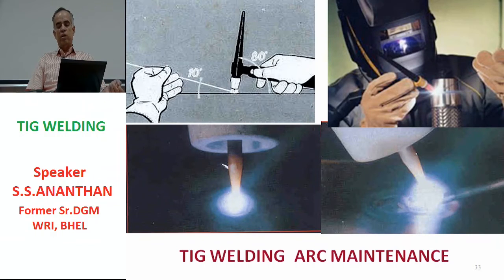Now you can see the filler wire is getting added to the edge of the molten pool as much as possible. Of course, the size of the filler rod is quite large, so you can't really feed 100% into the molten pool, but as much as possible the welder is trying to give this particular angle. Now, as you can see in the top left picture, the angle of the electrode with the base is about 10 to 15 degrees, and the angle of the torch is 80 degrees to the base.